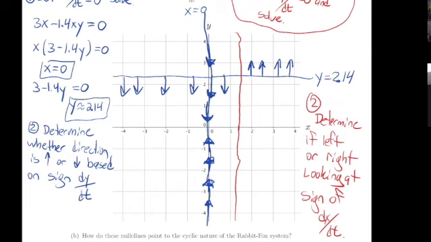So there's one, and here's the other. And then we want to determine the directions on those.